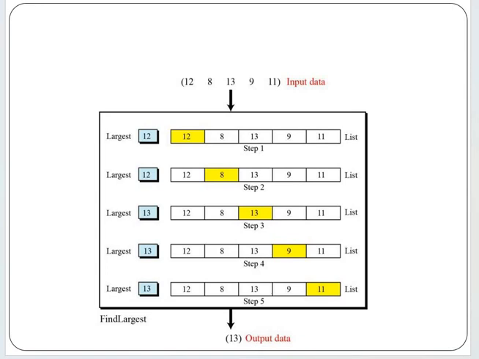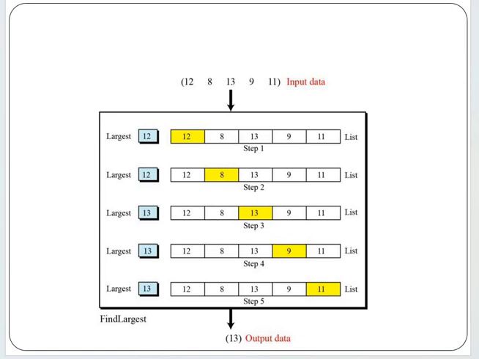Here, initialization. The process begins by taking an input list of numbers, that is here 12, 8, 13, 9, and 11. A variable called largest is initialized with the first value in the list, which is 12, right? And then comparison: the algorithm compares the current largest value, that is 12, with the next number in the list, 8.